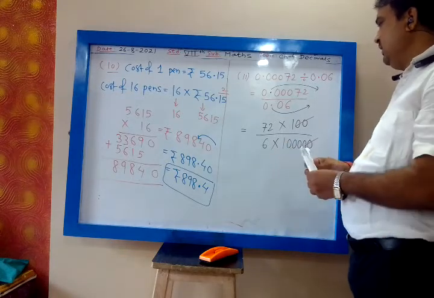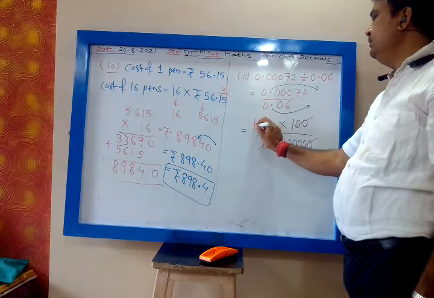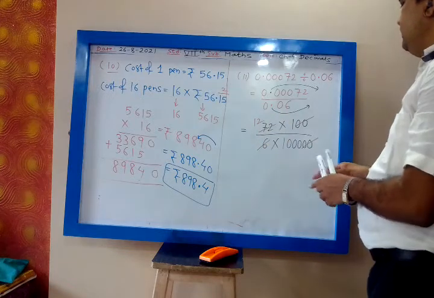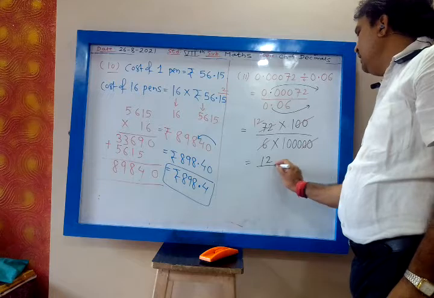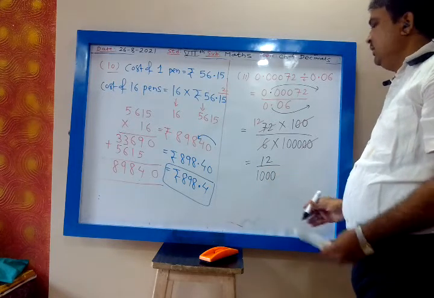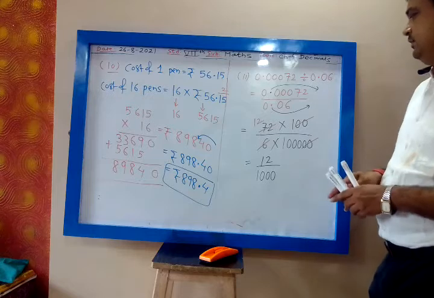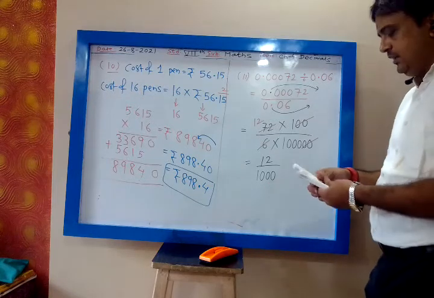So you can cancel; 6 12s are 72. So what is left, my dear? What is left is 12 upon 1000. Now I have to place the decimal in the numerator. After how many digits?